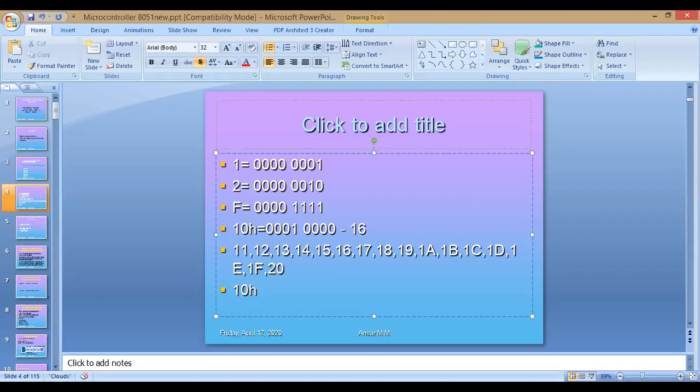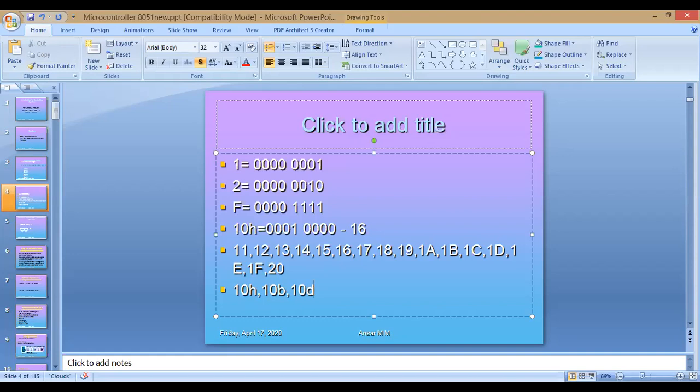So 10B, 10D. These are the different numbering representation methods.